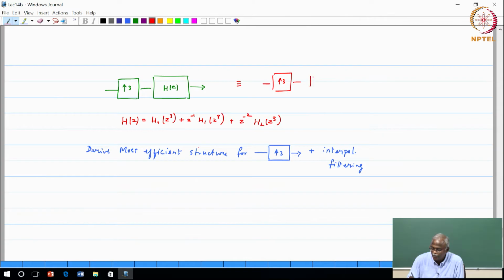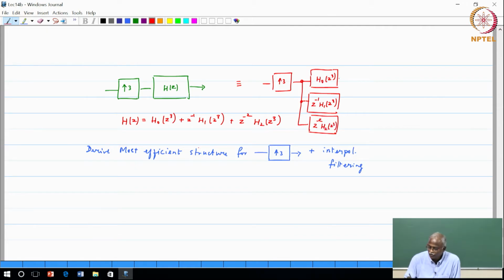This would be called a parallel form implementation of a digital filter. So, whenever you have a filter which has been written as some terms that are added together, then it is a parallel form implementation. So, H naught of Z cubed in parallel with Z inverse H1 of Z cubed in parallel with Z minus 2 of H2 of Z cubed, and all of these terms will get added together.